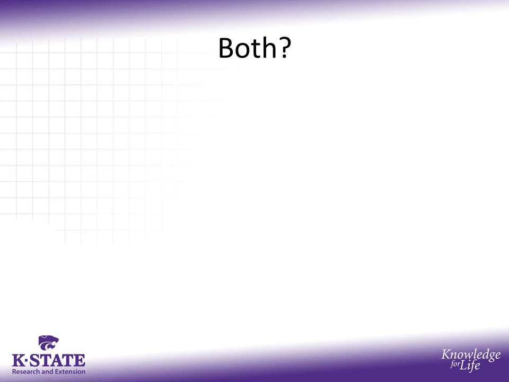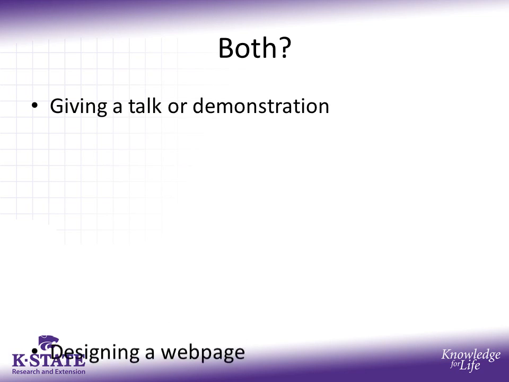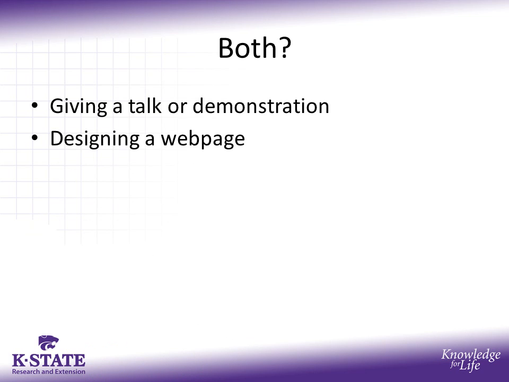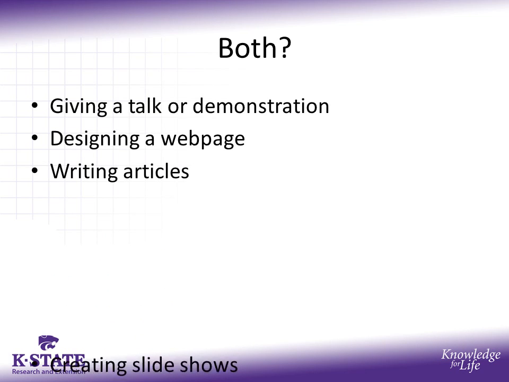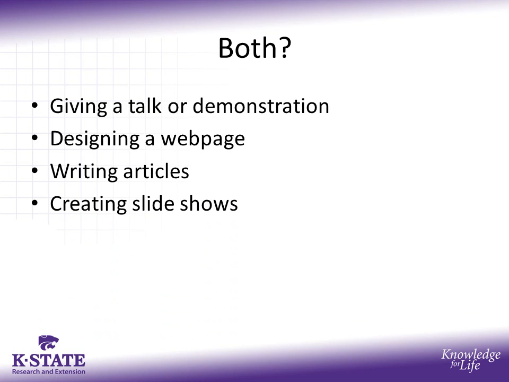You may be asking yourself, why couldn't some of these examples be both leadership and citizenship? You're right, some are both. All the examples included in the directions for Section 4B, giving a talk or demonstration, designing a web page, writing articles, creating slideshows, can be used to contribute leadership or citizenship.